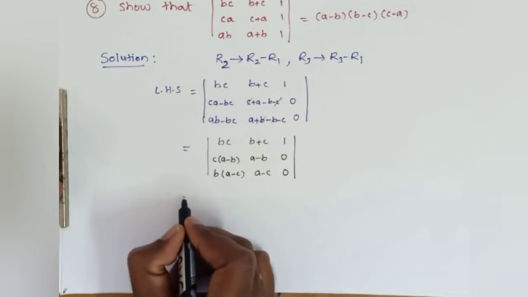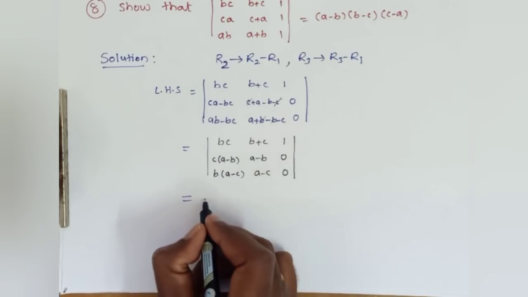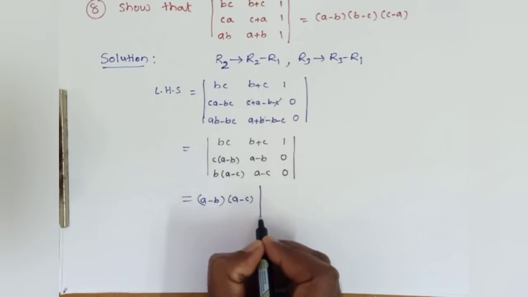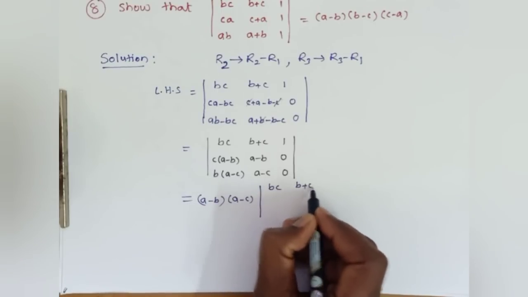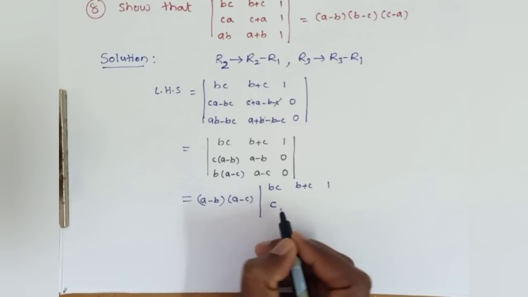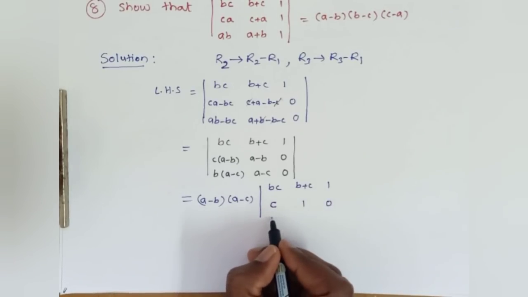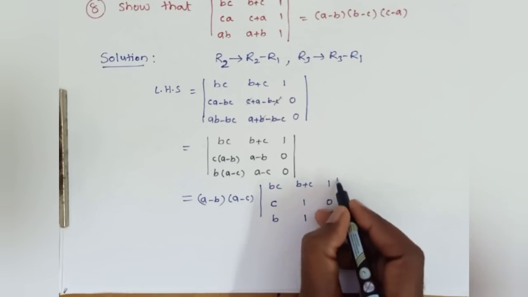Then this is equal to, now in the second row A minus B is common, and in the third row A minus C is common. Then times the remaining part, BC, B plus C, 1, and A minus B common, so the left is C, here it is 1 and 0. This is B, 1 and 0.